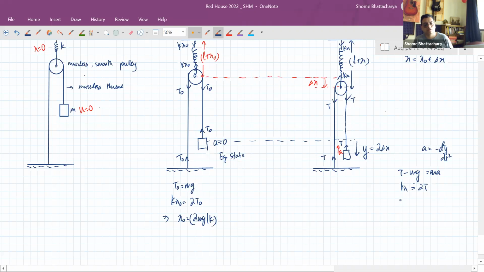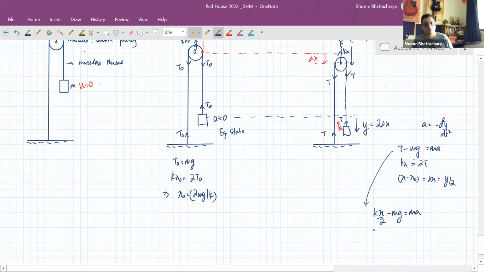And x minus x naught is equal to delta x, which is y by 2. So this equation is now telling me that kx by 2 minus mg is equal to ma, or k by 2 into x naught plus delta x.